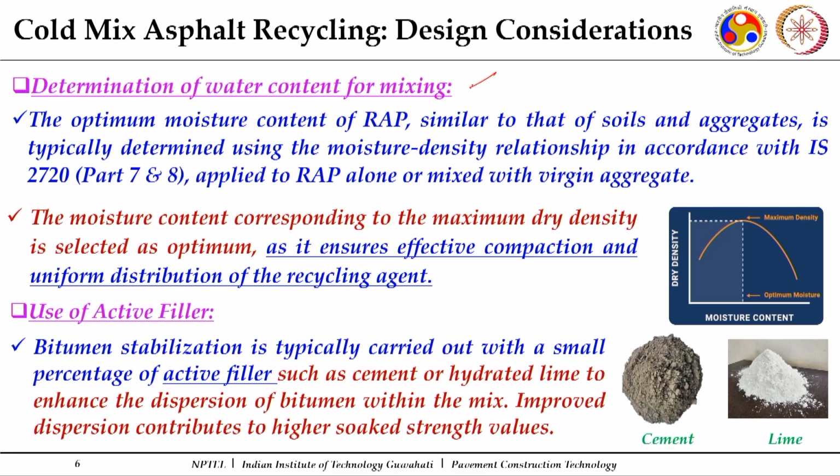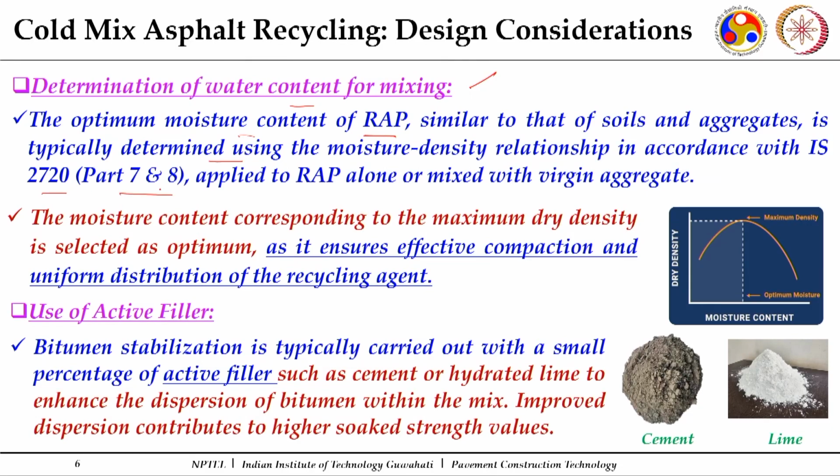In the laboratory you will definitely be using pavement mixers where you can incorporate it directly, but how it is done in the field is as mentioned. Next is the determination of optimum water content for mixing. The optimum moisture content of RAP is determined similar to soils and aggregates, as we discussed earlier when we determined the optimum moisture content and maximum dry density of granular materials as well as subgrade soil, using IS 2720 Part 8 for heavy compaction.